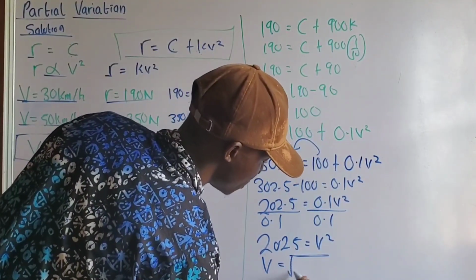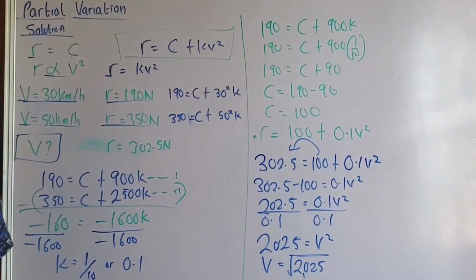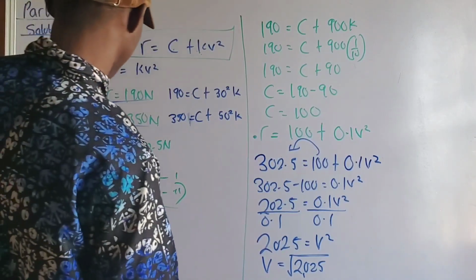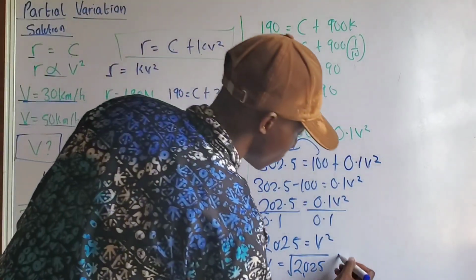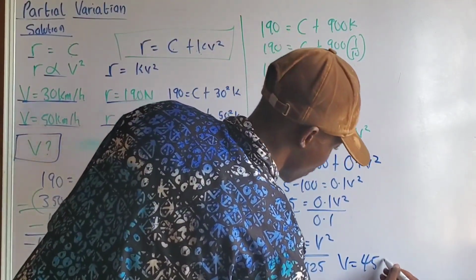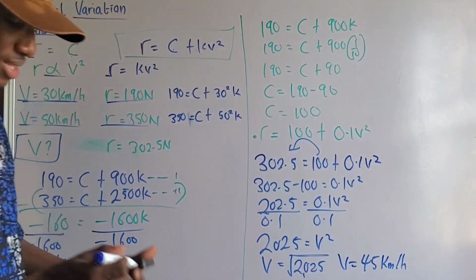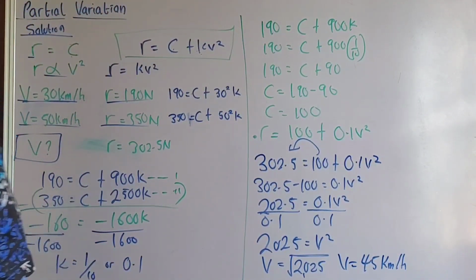So I'm going to have V equals the square root of 2025. The square root of 2025 is equal to 45. So now the value of V, don't forget the units, okay? The value of V is equal to 45 kilometer per hour. Do you understand? Okay, so that is the solution to both partial variation questions.